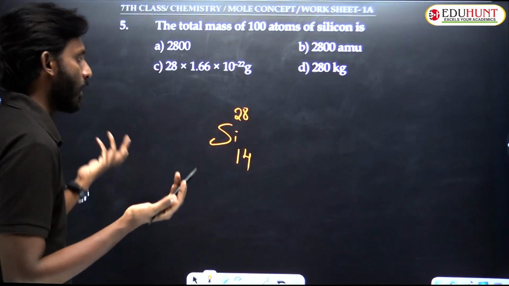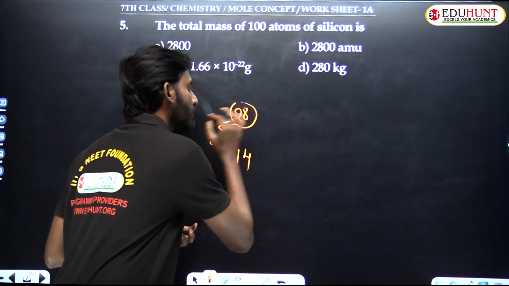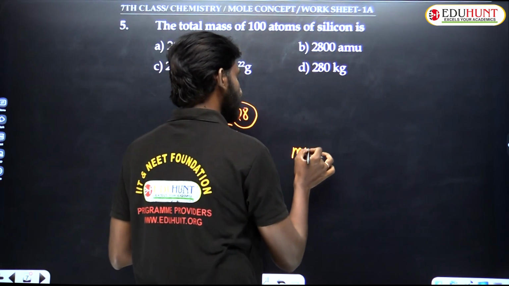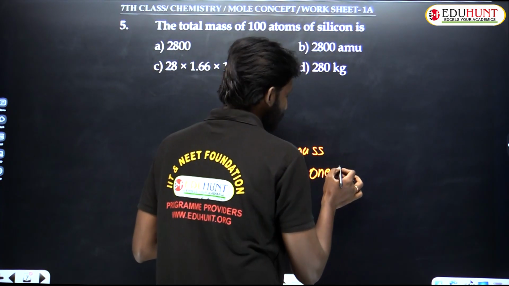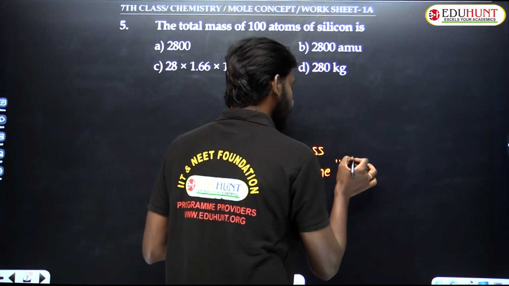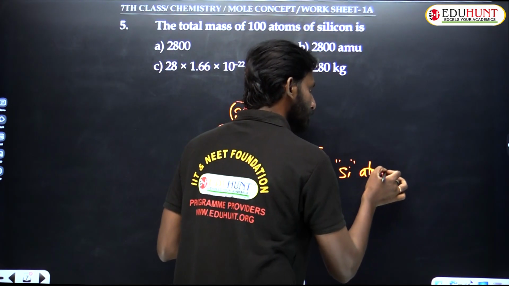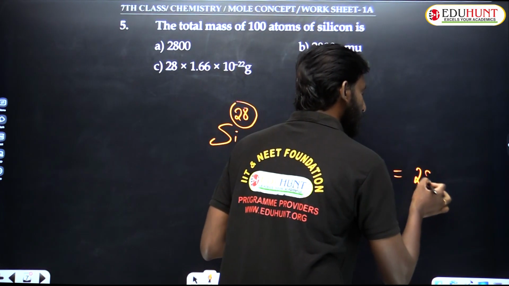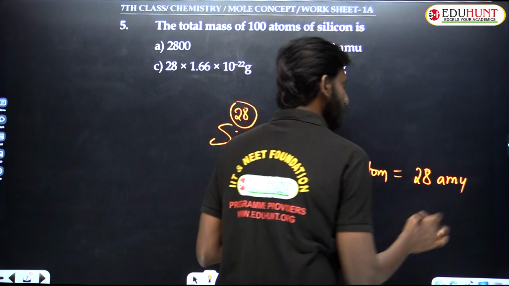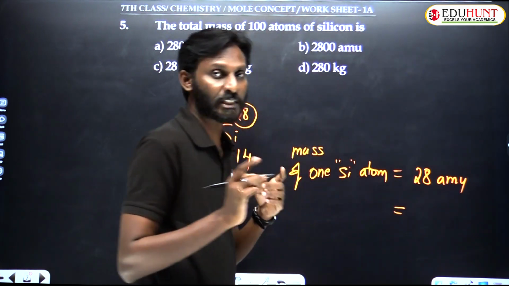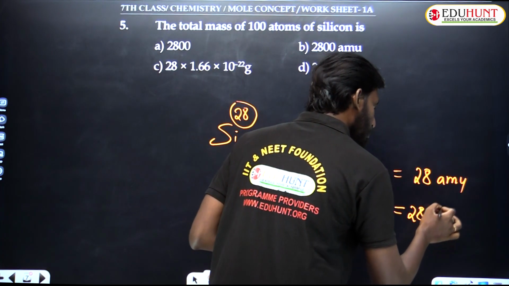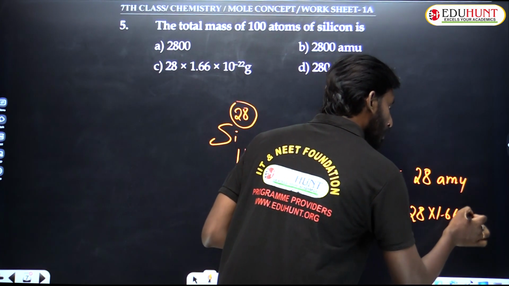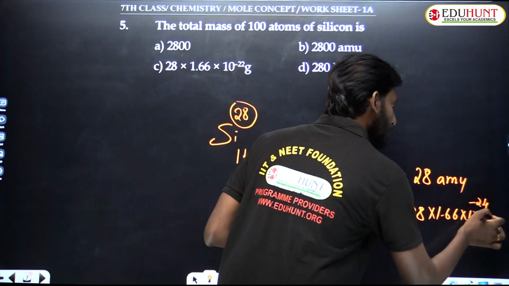Now looking at the 28, the mass of one silicon atom is equal to 28 AMU. Or it can be expressed in grams, right? 28 into 1.66 into 10 power minus 24 grams.